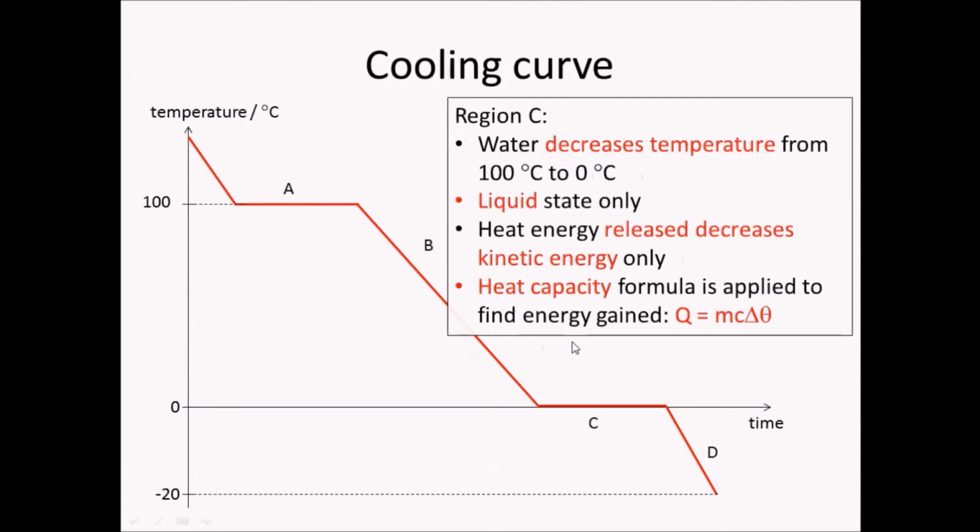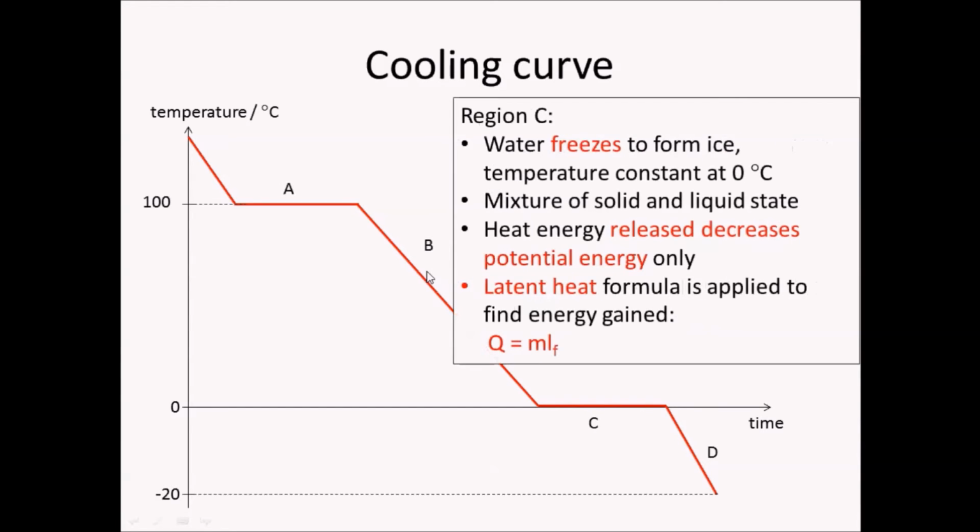Region B, water cools from 100 to 0 degrees, a decrease in temperature, liquid state only. But there's no change of state. So heat energy decreases the kinetic energy only, and the heat capacity formula is applied in region B. Next, region C, water freezes to ice at a constant temperature of 0 degrees.